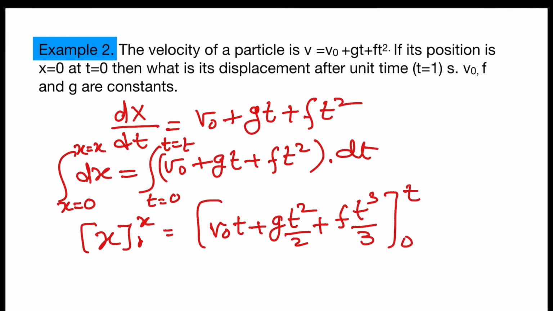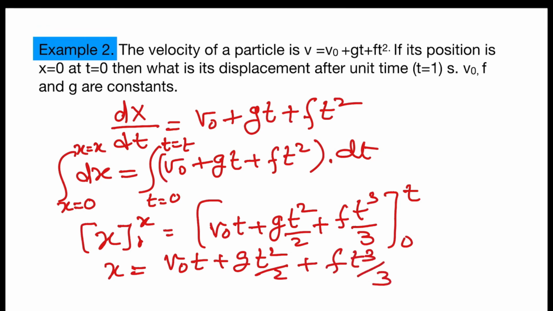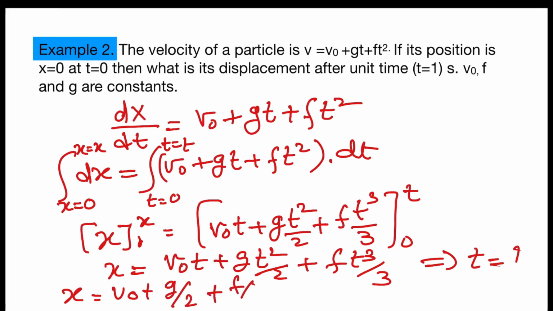Once we open this, we get x equal to v0t plus gt square by 2 plus ft cube by 3. So for time t equal to 1 second, if we put this value, we get a displacement of v0 plus g by 2 plus f by 3. And that is the answer.